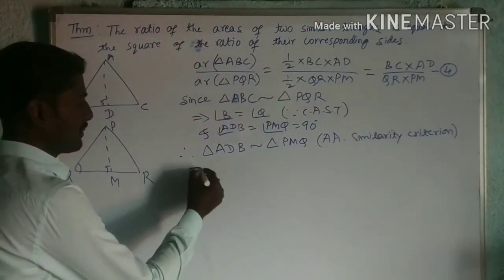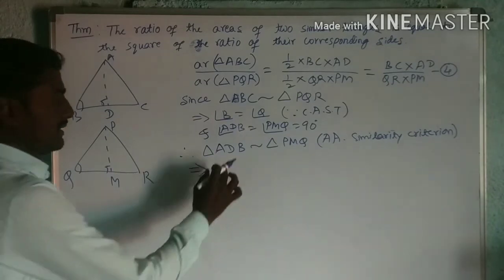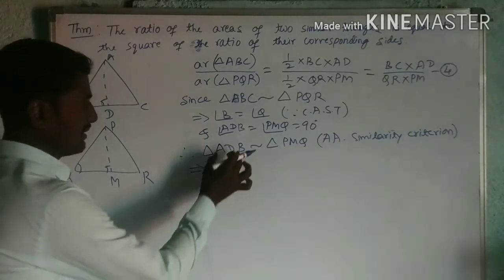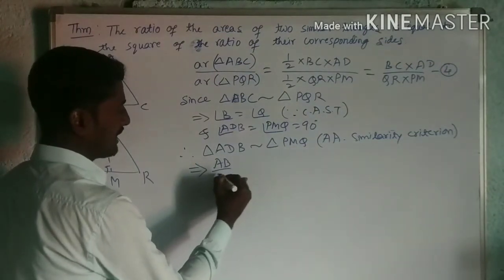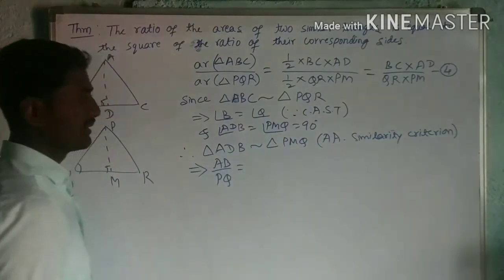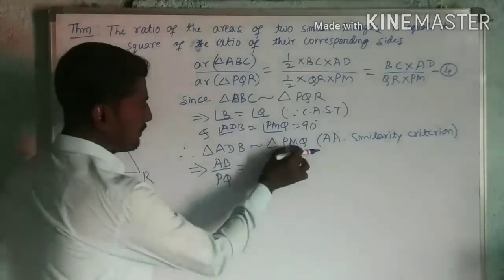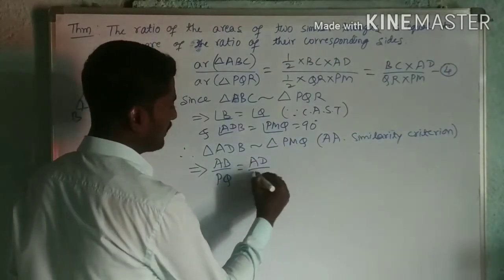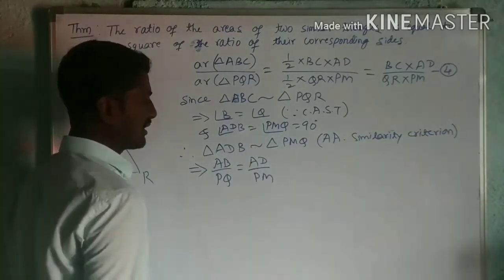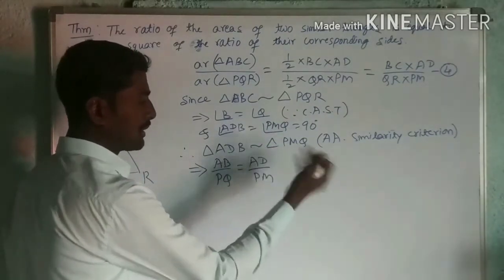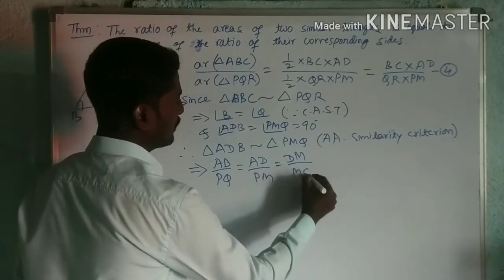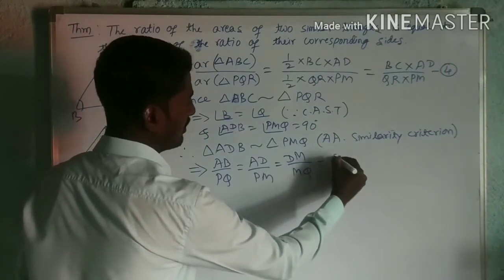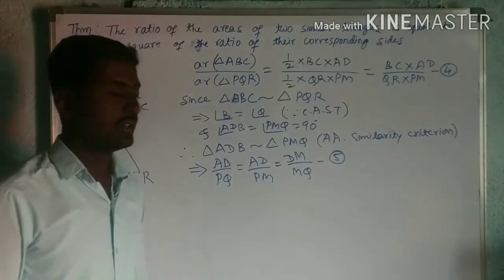Now this implies, corresponding sides: I will take AB by PQ. AB divided by PQ is equal to AD divided by PM, and one more side you can write, DM divided by MQ. This is called equation number 5.